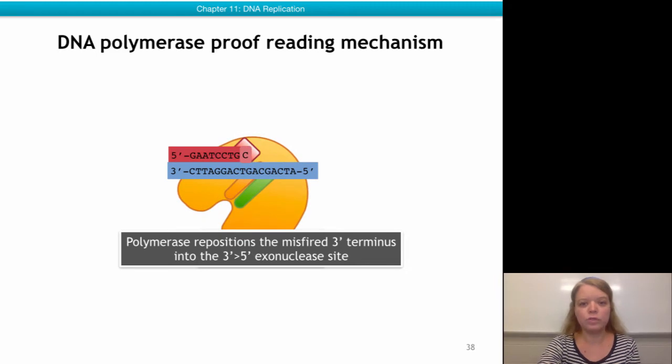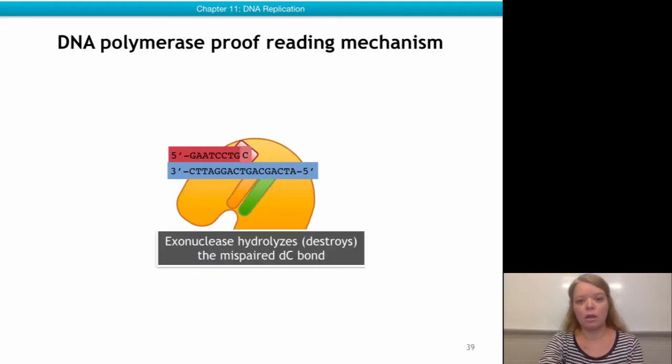See how it has moved itself on the DNA and repositioned so that the DNA is now within the 3' to 5' exonuclease site, because only that site is able to efficiently catalyze the removal of a nucleotide, so the exonuclease reaction. In the exonuclease active site, the nucleotide removal reaction occurs.